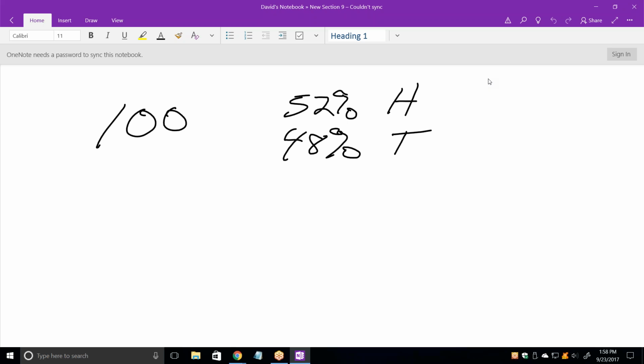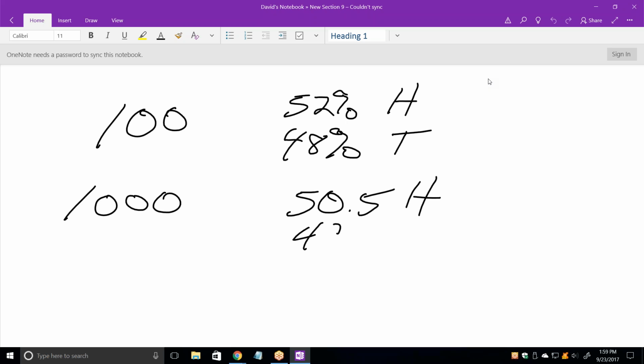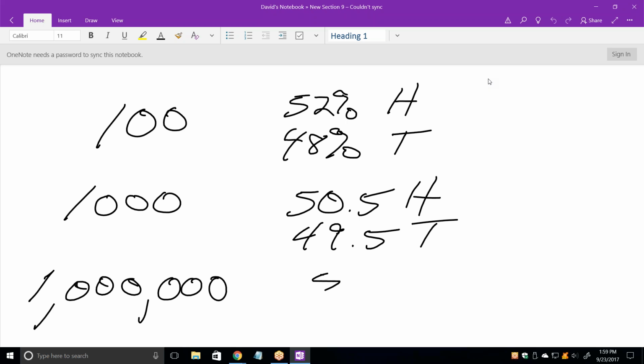Entirely possible. If you flip it 1,000 times, you might get 50.5% heads and 49.5% tails. Entirely possible. You flip it 1,000,000 times, and this thing is going to be like this.